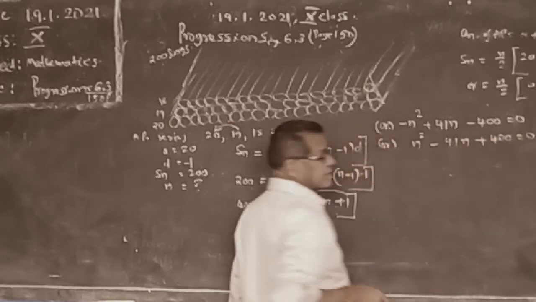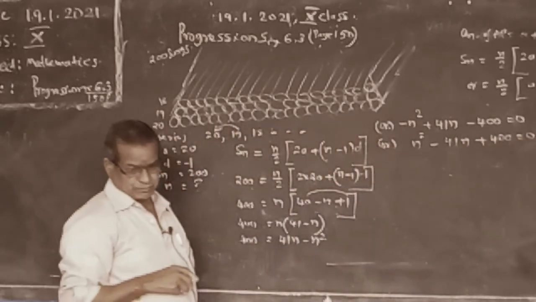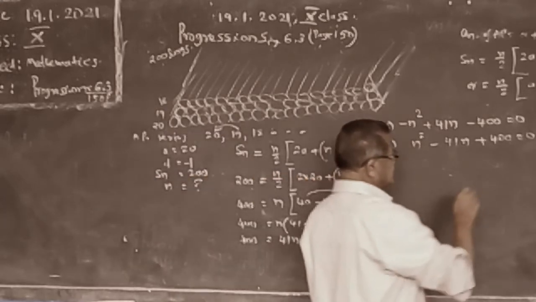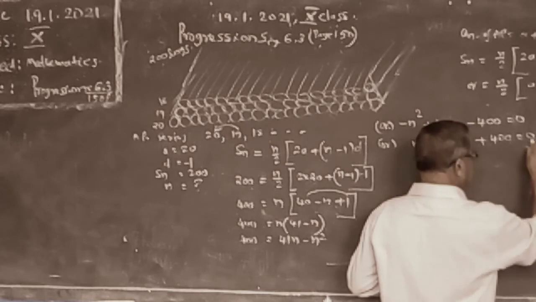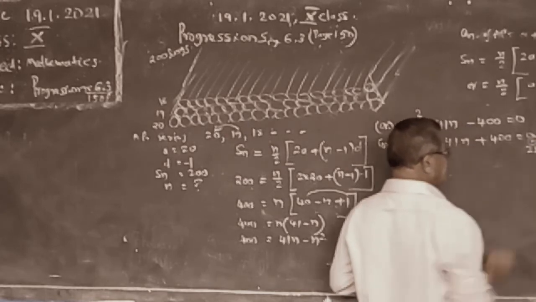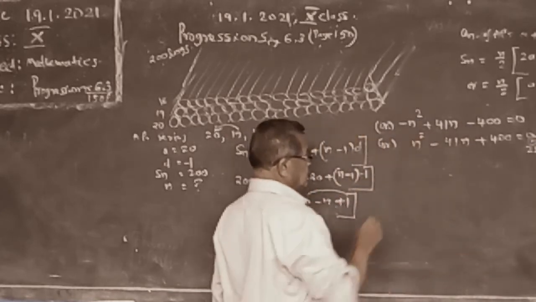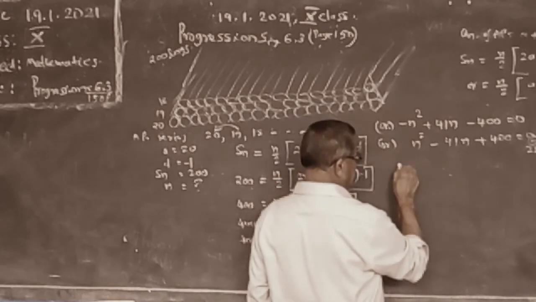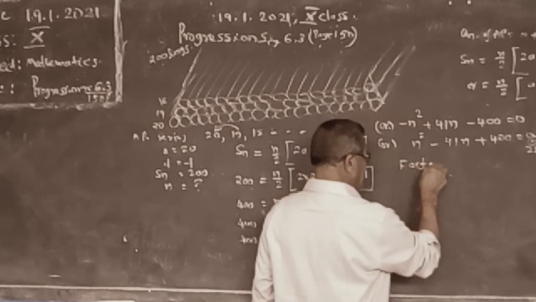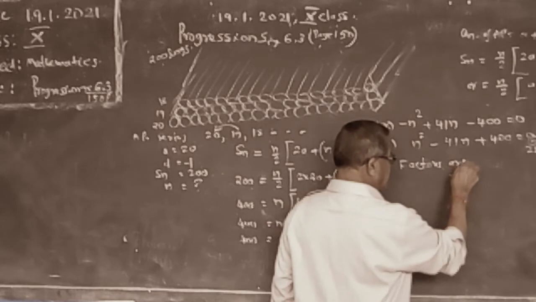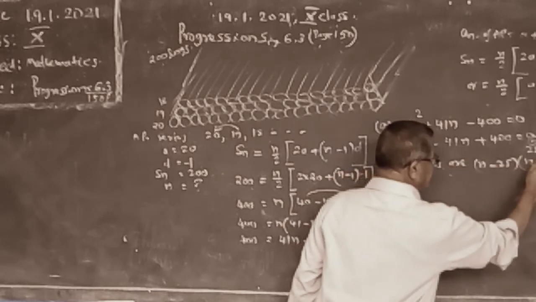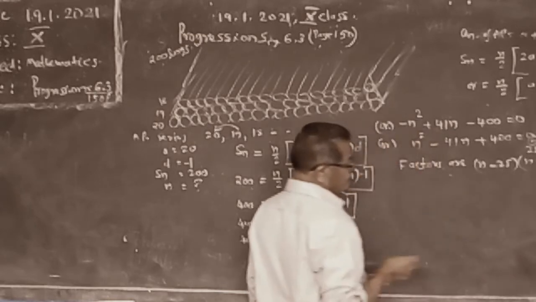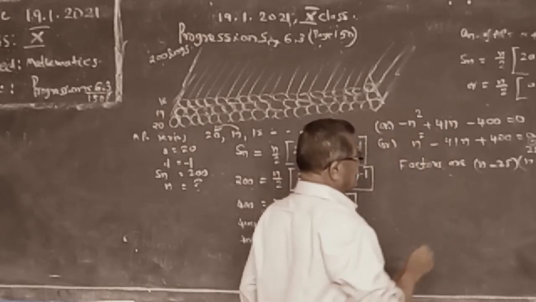Product is 400, sum is 41. See, 25 and 16, both are minus. The factors are n minus 25 and n minus 16 equal to 0.